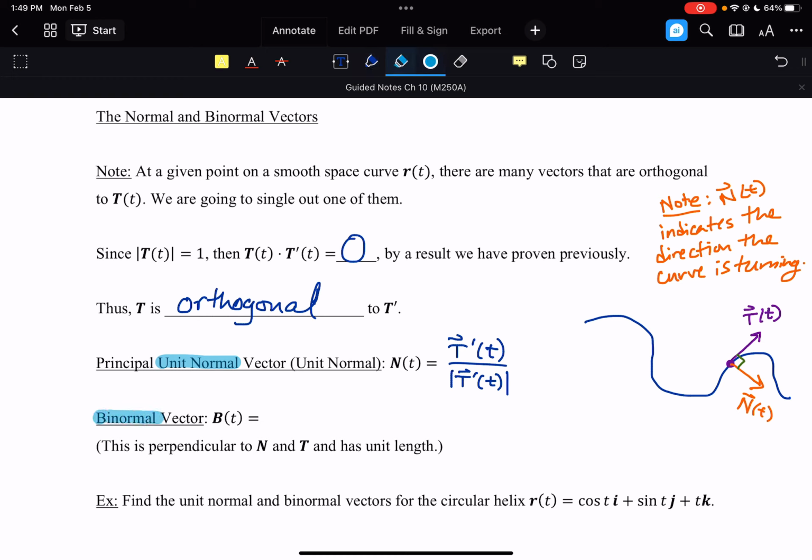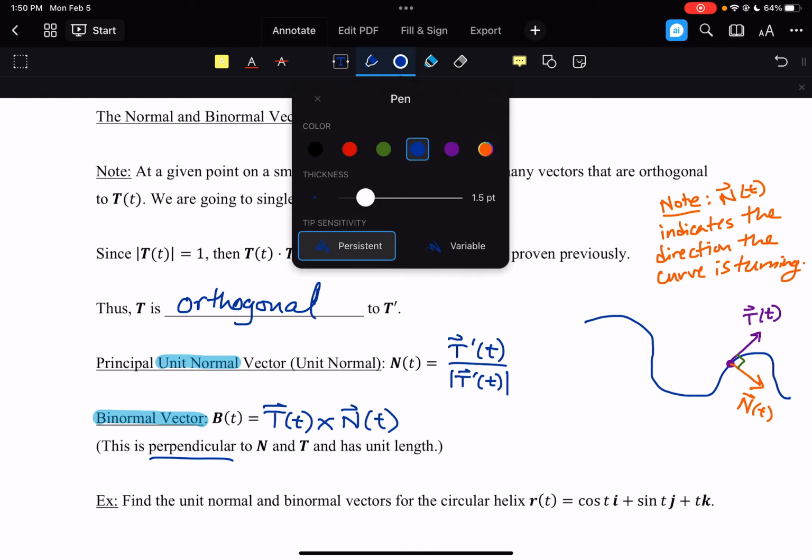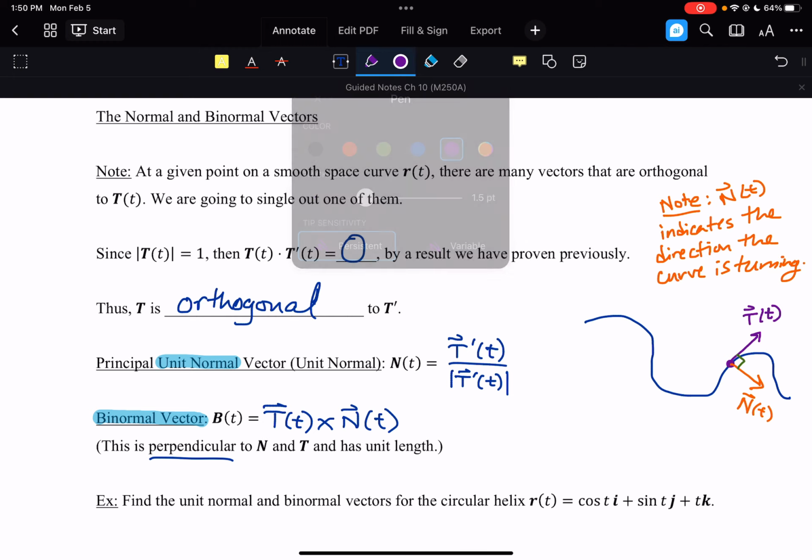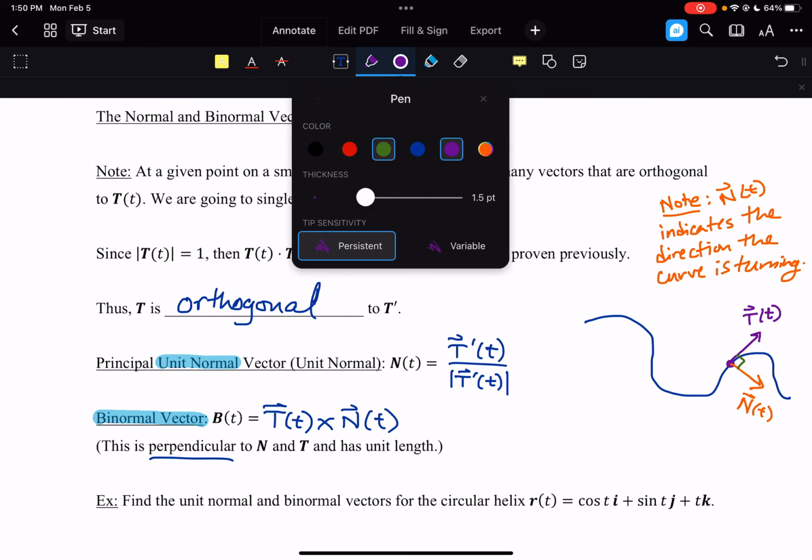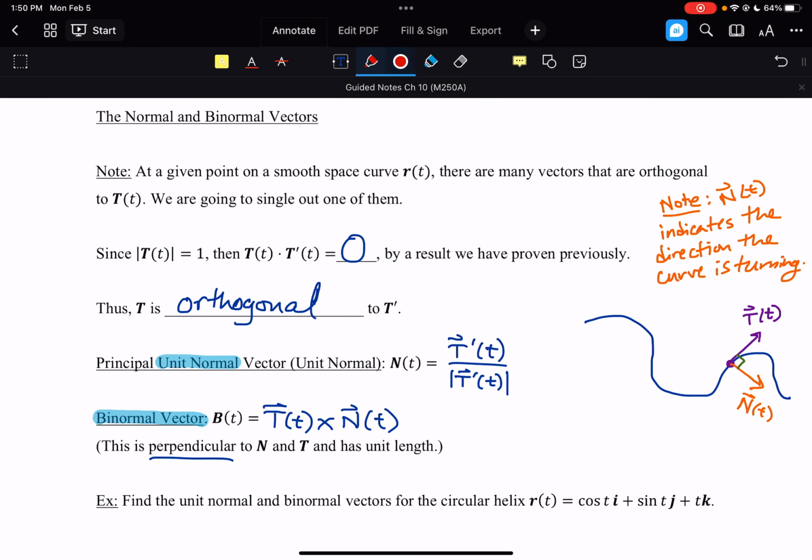And then we have the binormal vector B of t. This is going to be T crossed with N. So this one, because it's a cross product of the two vectors that went into it, we know it's perpendicular to both of them. We know it's perpendicular to both of them, so it's going to be somewhere out here.